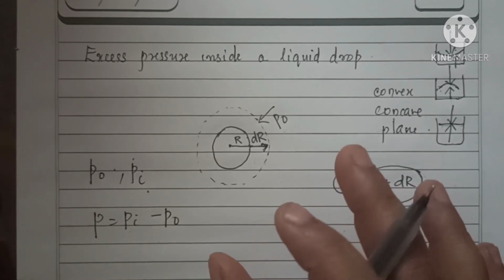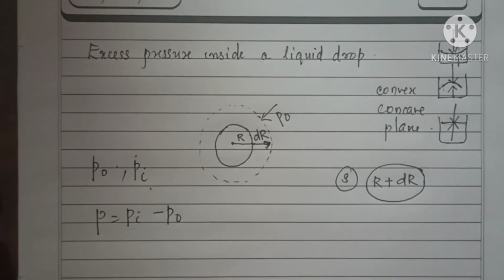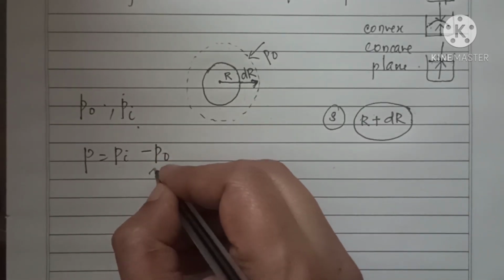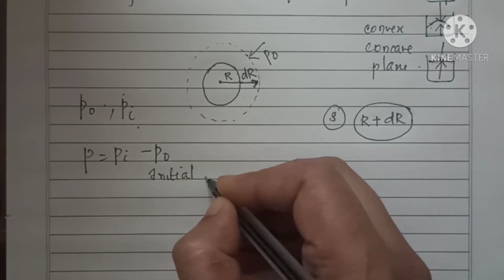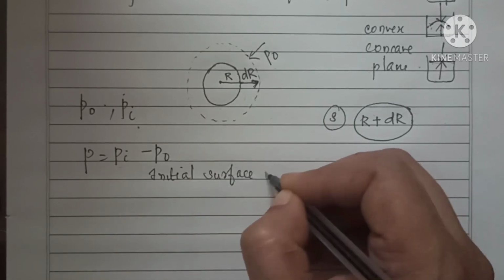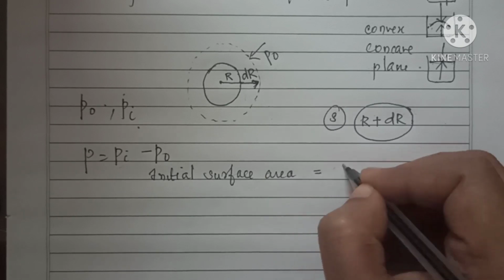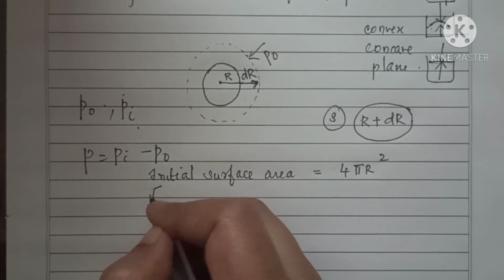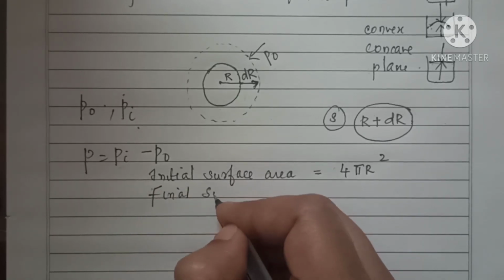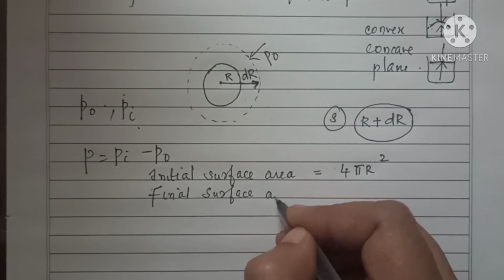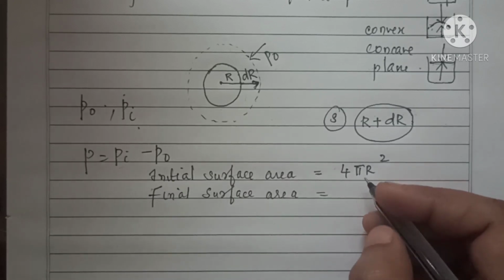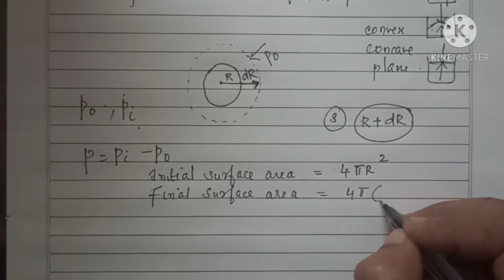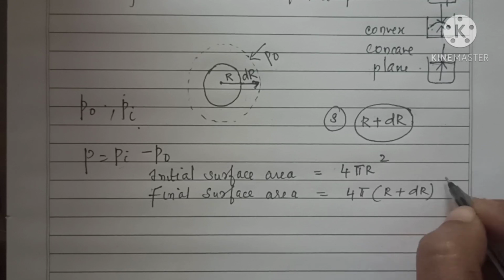First, we will derive the expression for this excess pressure. For that, first we will write the initial surface area of the drop, which is 4 pi r square. Now, the final surface area: the radius changed to r plus dr, so the final surface area is 4 pi times (r plus dr) the whole square.